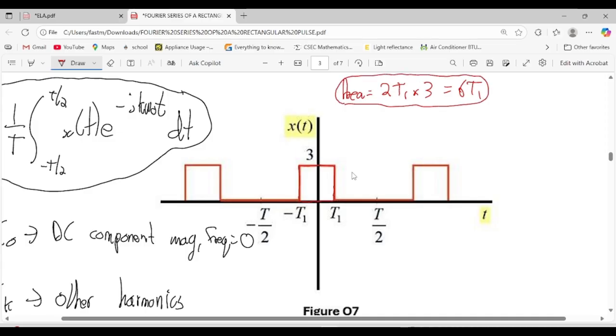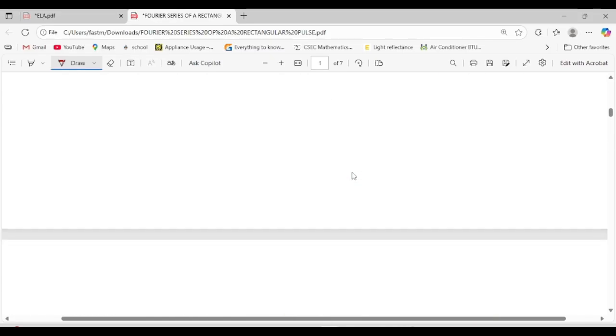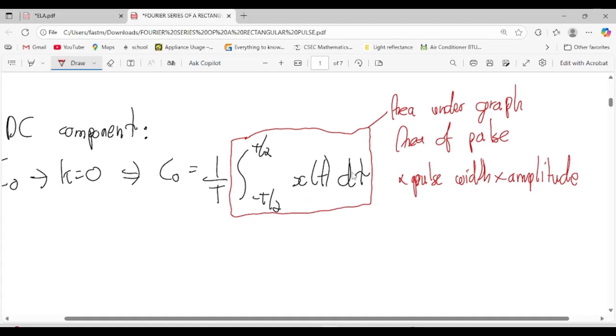So that's the first piece that you need. Going back on top, this whole integral has an equation, which you just did. It is the area of the pulse itself.